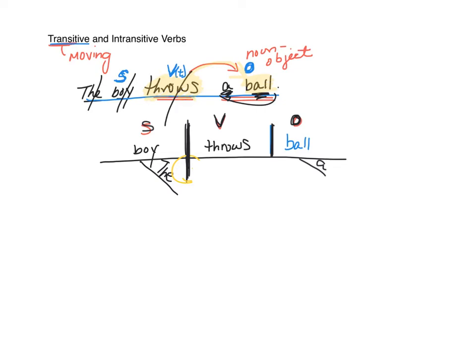Now, object is any noun that really is not doing actions, like the boy is doing something. An object is a noun that's having things done to it. So the ball is getting thrown. It's being acted on. It's not doing anything itself. That's why it's an object.